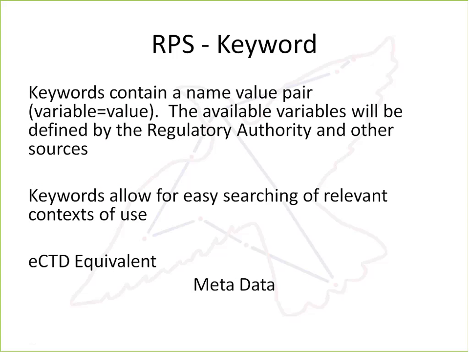Now, another thing that's very interesting are keywords. The equivalent to eCTD is metadata. This is your manufacturer, your indication, your drug substance. But unlike eCTD, these are far more flexible, and you can actually add any keyword you want, plus the agency will define their own.